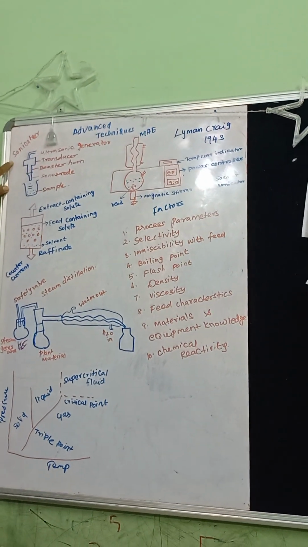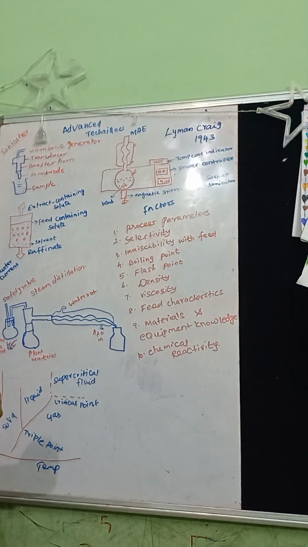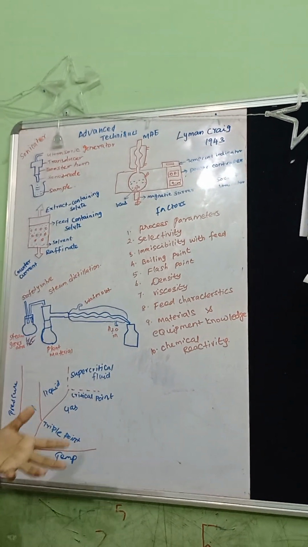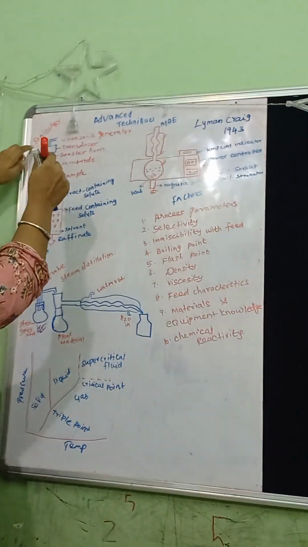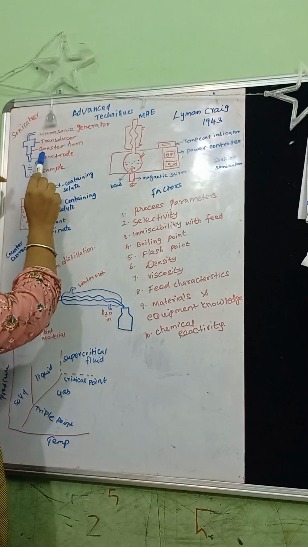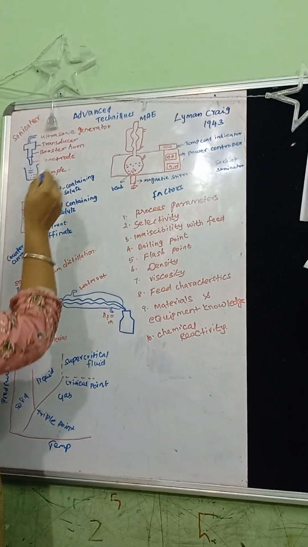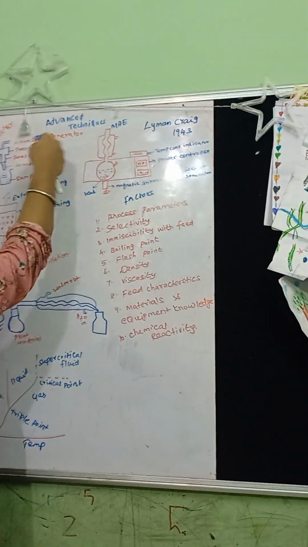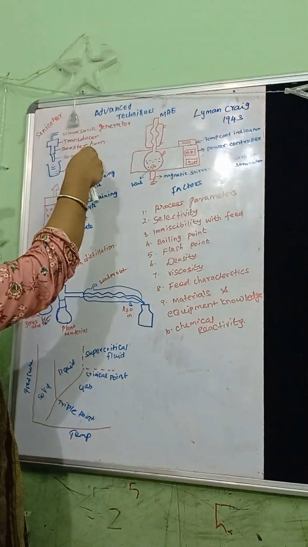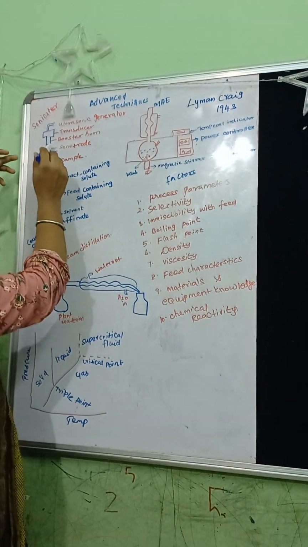The first one is the sonicator. What is the sonicator actually? We are giving the sound to the samples to extract the product. So here this is the ultrasonic generator, this is the transducer, this is the booster horn. Suppose the sound is low, we can adjust the horn to induce the sound more, or else we can reduce the sound. This is the sonotrode, that is the probe.